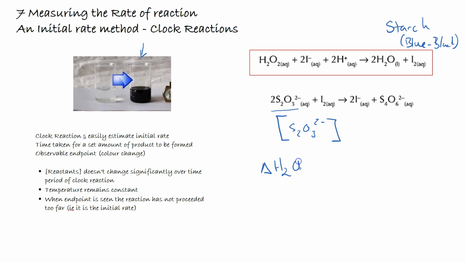We measure the time taken to do this, and then we repeat the experiment by changing the hydrogen peroxide concentration, and then we can repeat the experiment again by changing the iodide concentration. Since the concentration of thiosulfate remains constant and we are always generating the same amount of iodine, we are always measuring the initial rate of reaction.